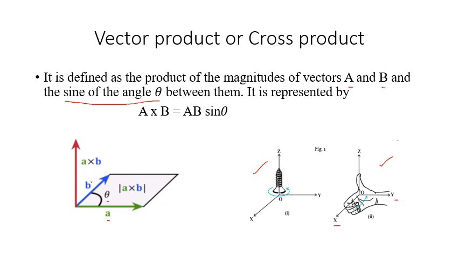So this is the direction of your cross product. Where will be the direction? Perpendicular to the two vectors. By using the right hand thumb rule or right hand screw rule, you can find out the direction of the cross product. So what is the formula, students? I repeat, A cross B equal to AB sine theta.